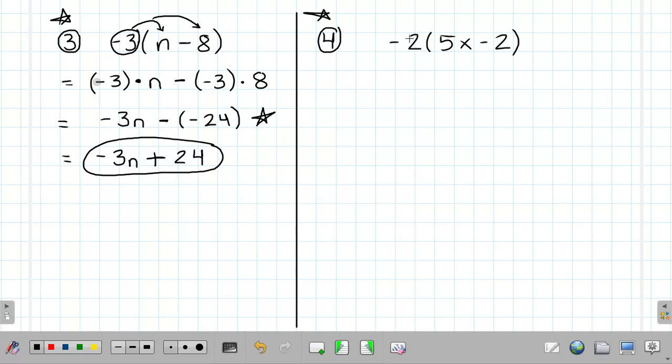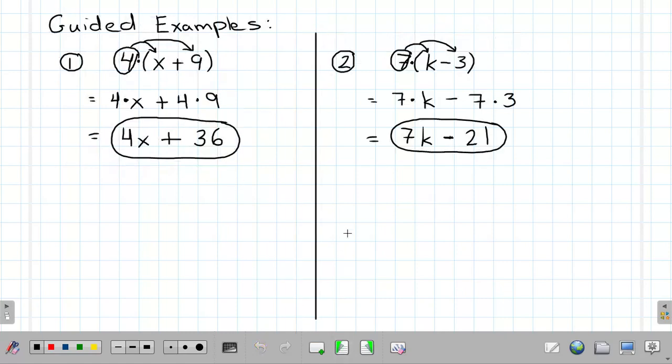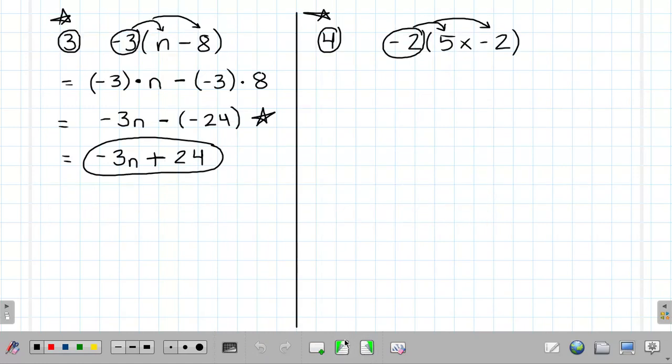Now we're going to see the same thing here with number 4. Here we're going to take the negative 2, and we're going to distribute it to the 5x and the 2. Now the other thing that's different here is you notice every other example before we just had an n here or a k or an x. Here we've got 5x. But it works the exact same way, because what are we going to do?